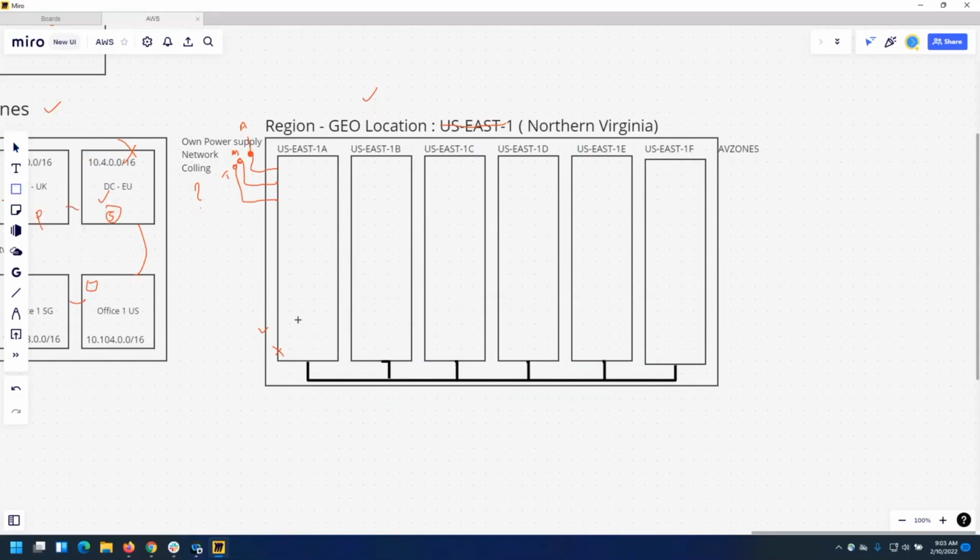Imagine I am placing one server here, EC2 VM1, which is one of the prod web servers, up and running for the last 365 days without any issue. Now, all of a sudden, if this building is gone and they take 2 days to recover the whole building, are you ready to face 2 days of downtime on your production web server?